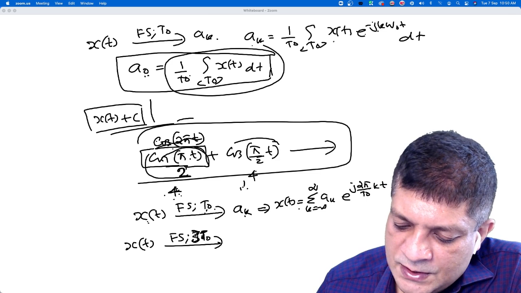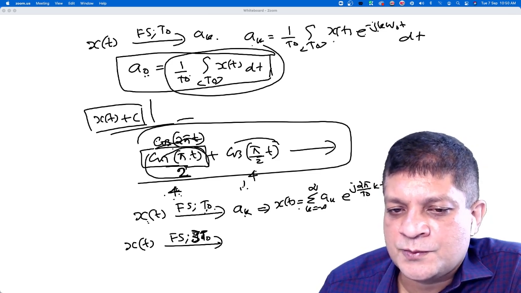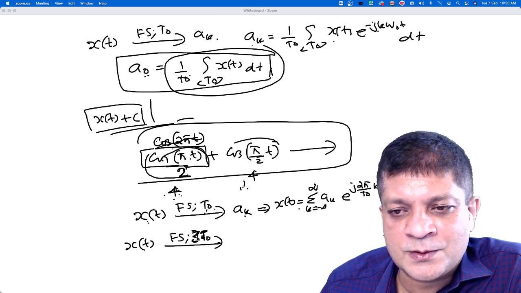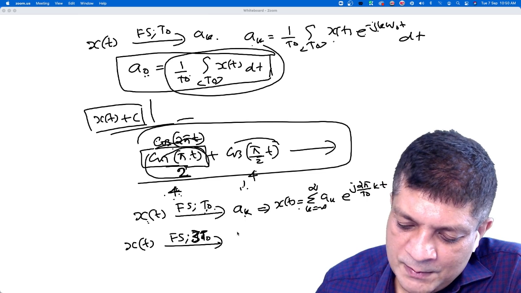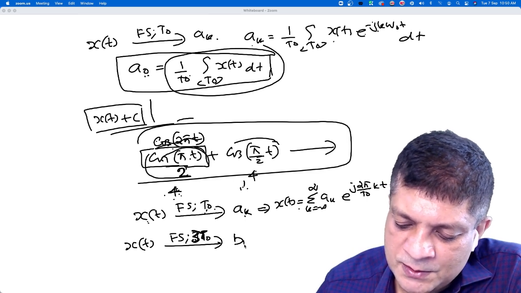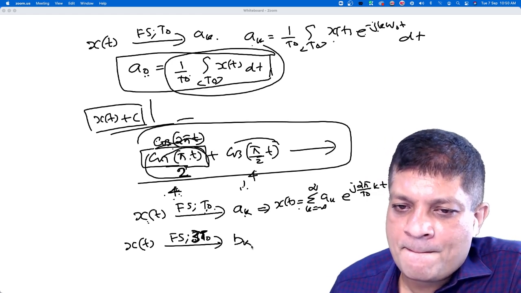Now we can consider this as a periodic signal with period 3 T naught also. Now if with respect to this period 3 T naught the Fourier series coefficients are b_k.